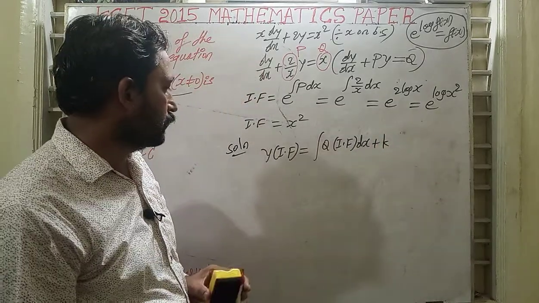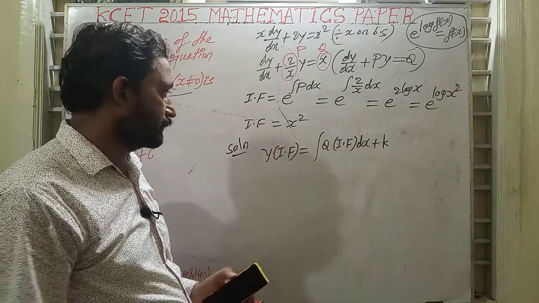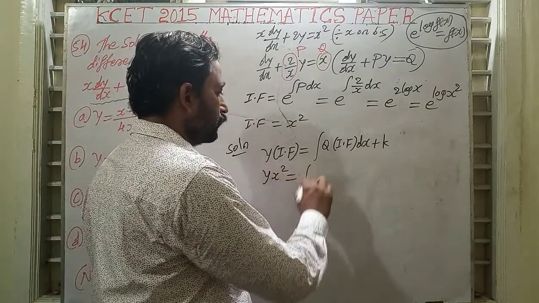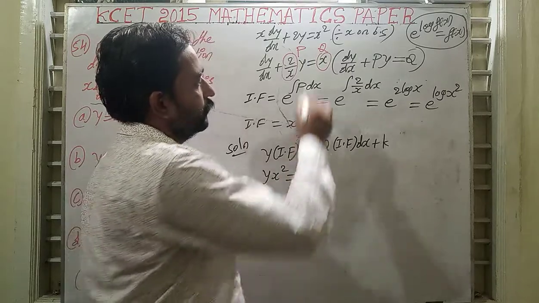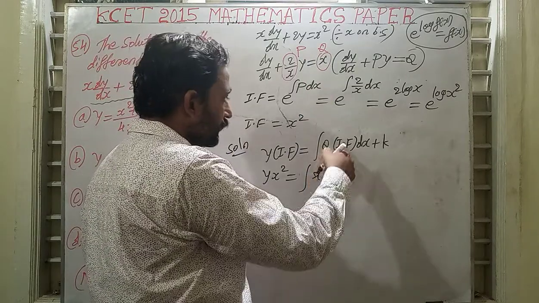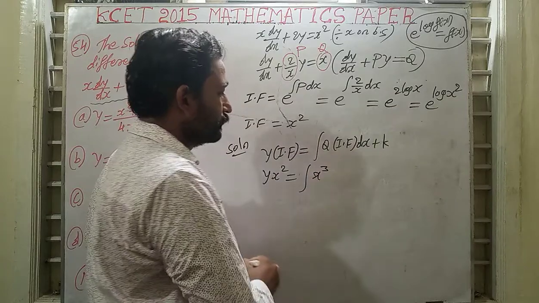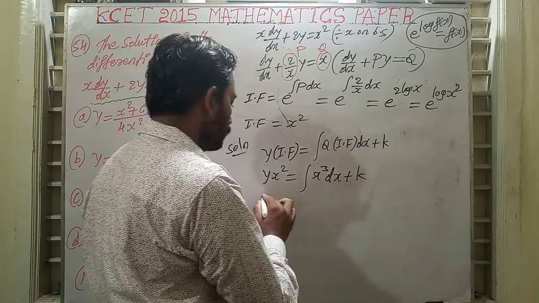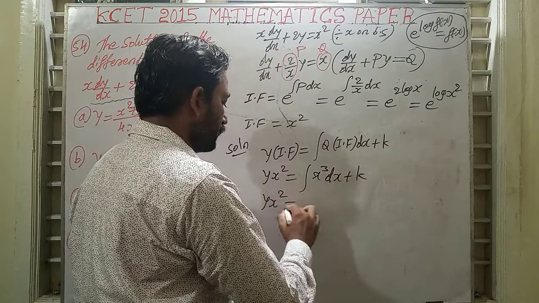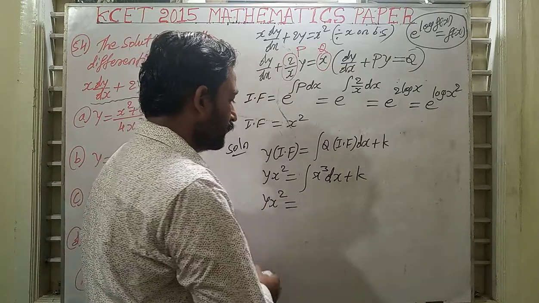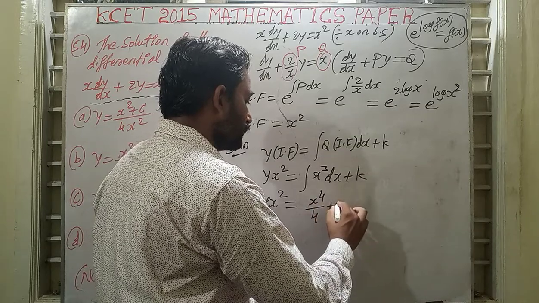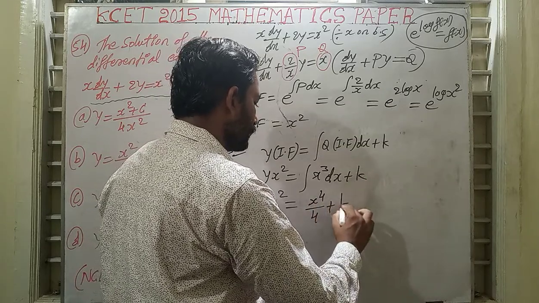Now substitute the integrating factor: y into x square is equal to the integration of x into x square, which becomes x cube, with respect to x plus k. So y into x square is equal to the integration of x cube, which is x to the power of 4 divided by 4, plus k as the integral constant.